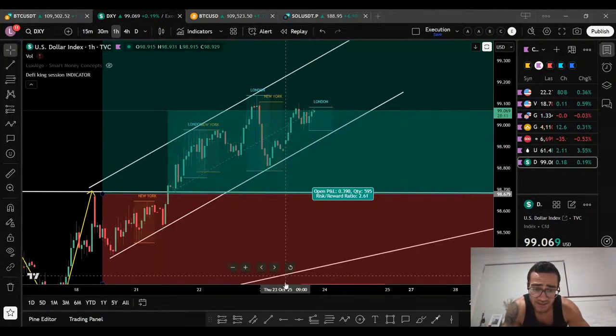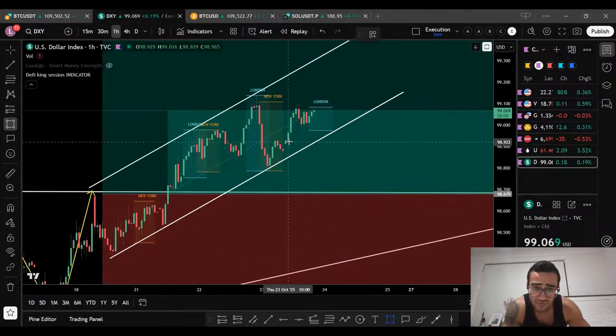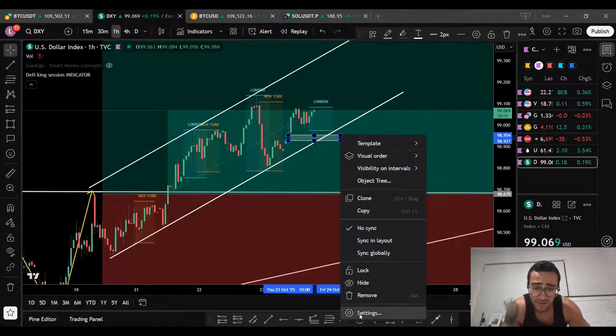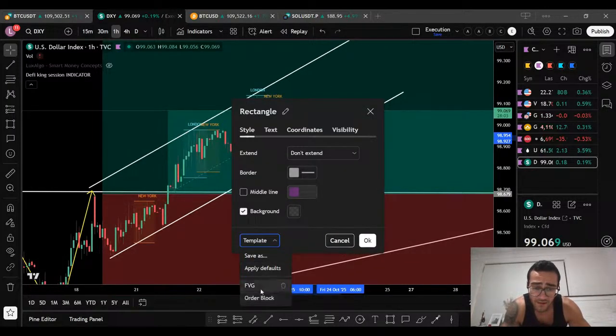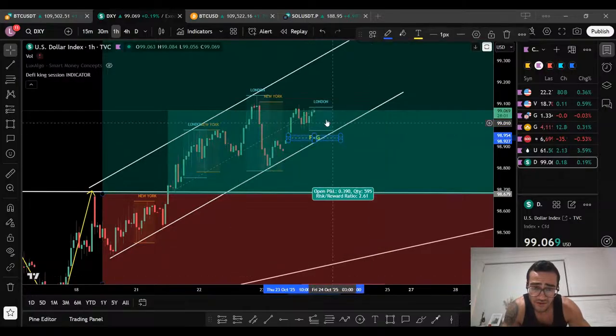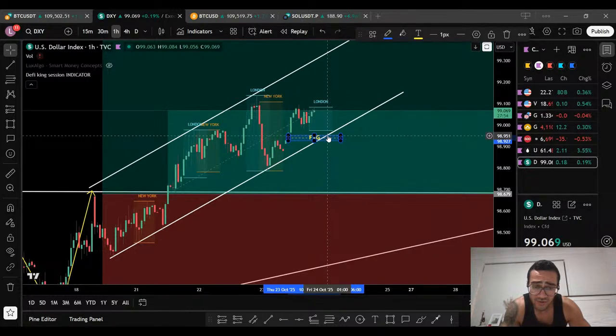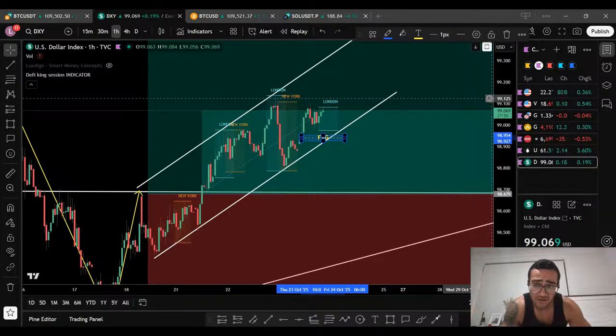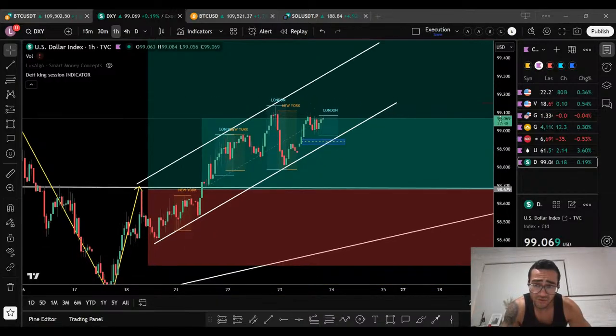Now I can see a little fair value gap. If this fair value gap is respected and tested, I'm looking at more downside. That means more upside for Bitcoin actually.